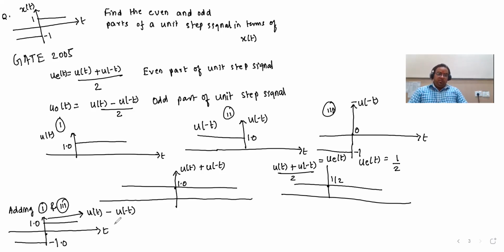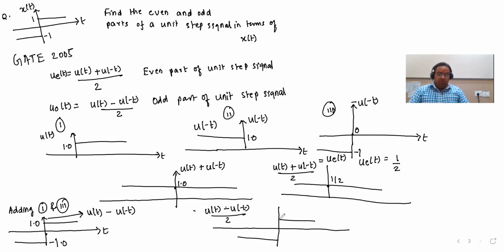When I calculate u of t minus u of minus t by 2, the waveform will follow the same pattern, the only thing is that here we'll have 1 by 2 and here we'll have minus 1 by 2.